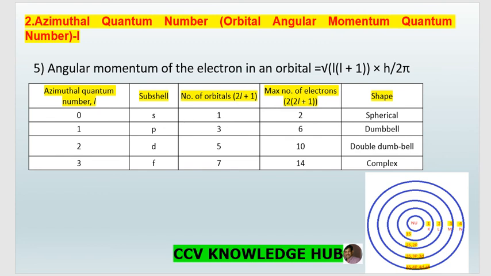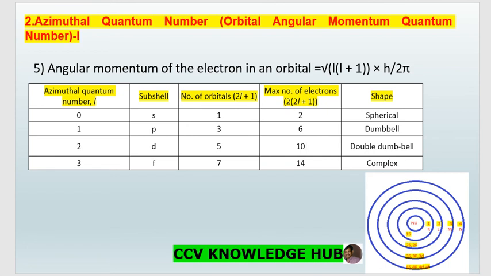And next one is the d subshell. Here the azimuthal quantum number is always 2 and the subshell is d. The number of orbitals, 2l plus 1, is 5. Five orbitals are present in the d subshell. So 5 into 2 is 10, the maximum electrons we can find here.